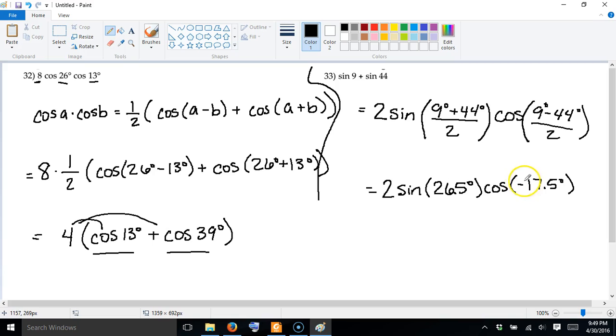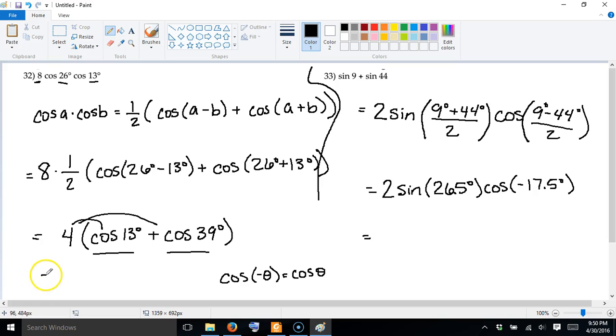The only thing that I ask you to do at this point is do not leave any negative angles on the inside of your sine or cosine functions. So use your negative angle identities and rewrite this. If you had a negative angle on the inside of a cosine function, the negative angle identity says it is equal to the positive cosine of theta.